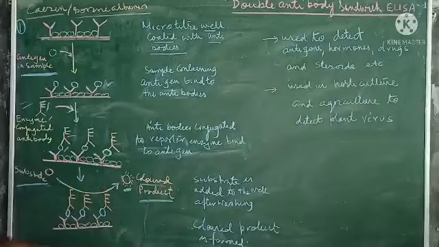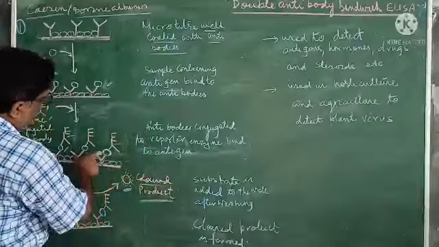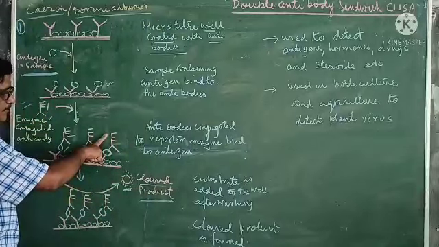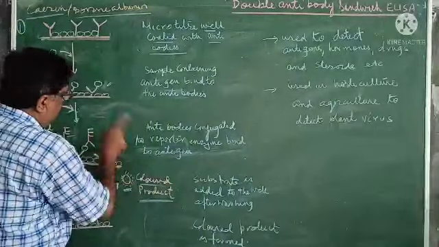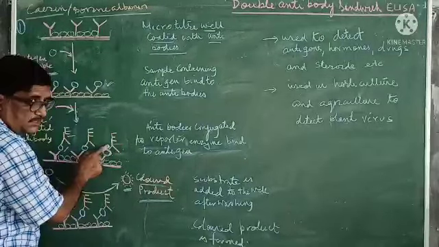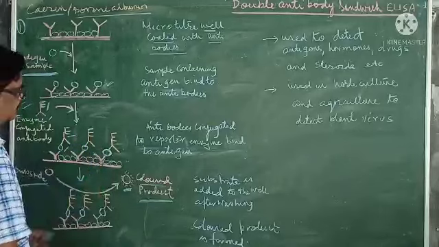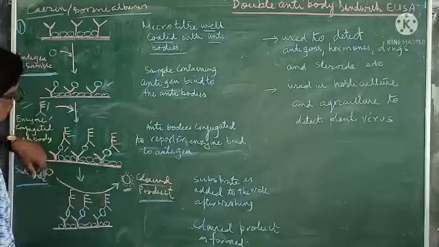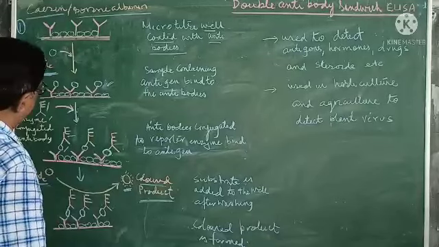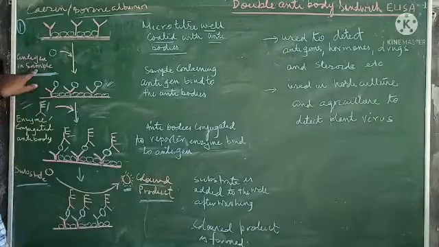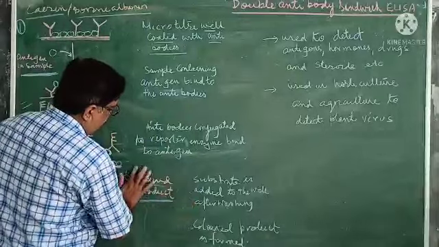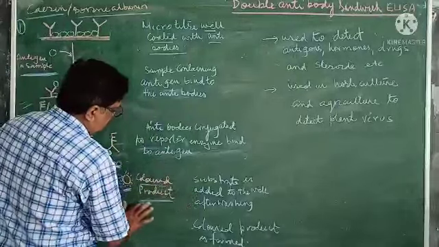So color will develop only when the enzyme is present, and the enzyme will be present in the well only when the antibody is bound to the antigen. So color develops only when the antigen is present in the sample. This indicates the presence of antigen in the sample.